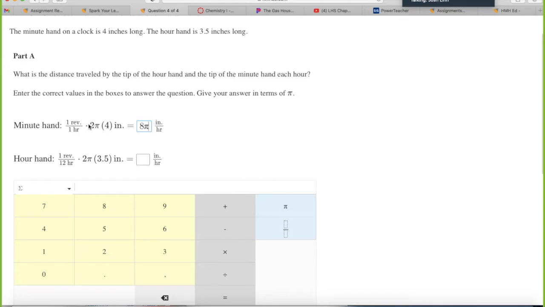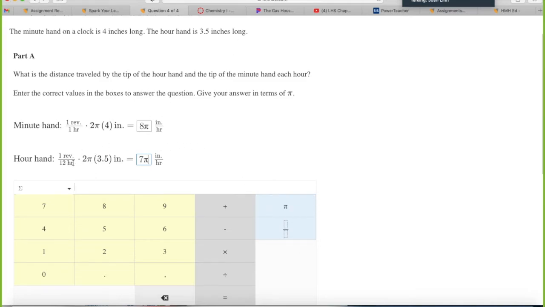Again, I'm just looking at this math right here. So that cancels out. 2 pi times 4 inches is going to be 8 pi inches. And then 2 times 3.5 here is what? 7 pi, I should say.